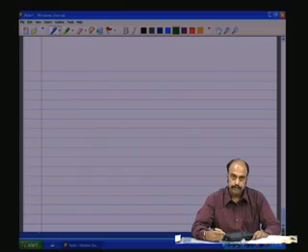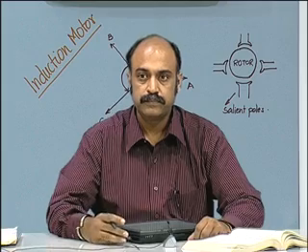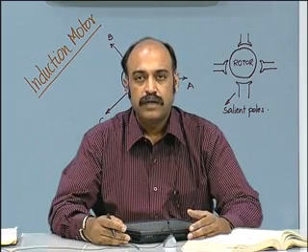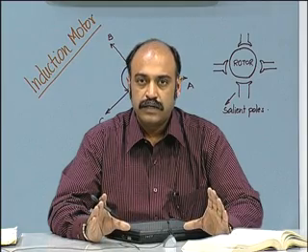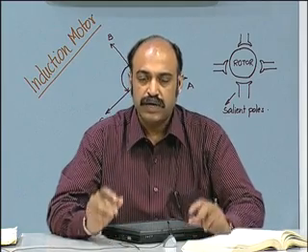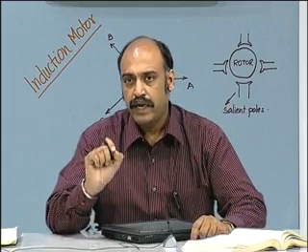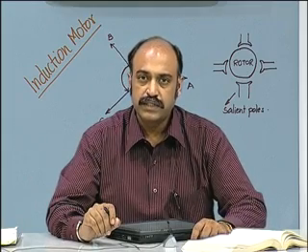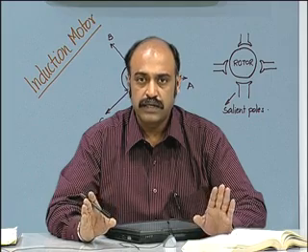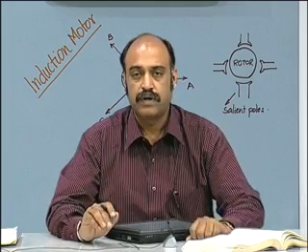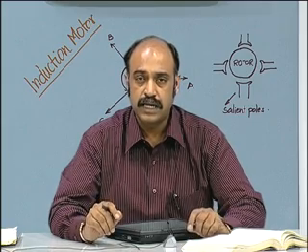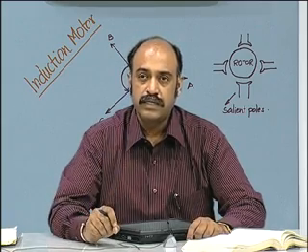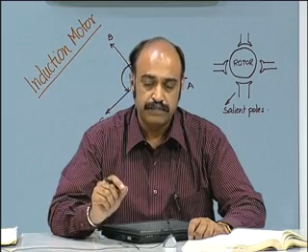So we saw here that the induction motor is not actually a very complex system. It can be represented like a transformer. You have the equivalent circuit almost like a transformer, except two minor variations. In fact, under the standstill condition, it is just like the transformer. And in the case of the motor in motion, there is a slip. The load is R2 by S, which is a function of the slip.